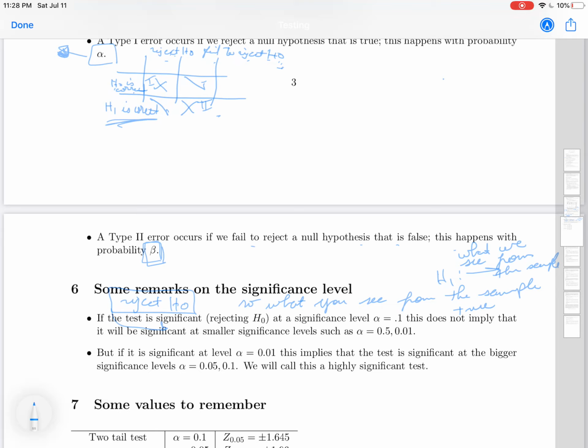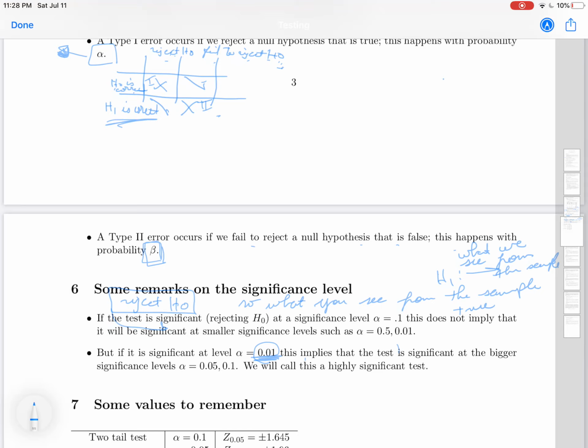This is what we mean by a significant test, because usually H1 is for testing what you see from the sample, which is usually different from H0. So we usually test if what we see from the sample is true or not true.